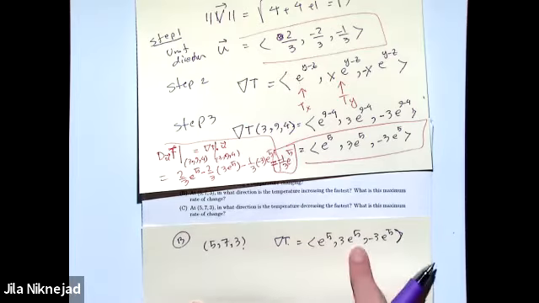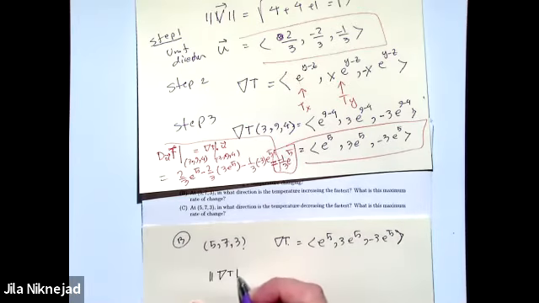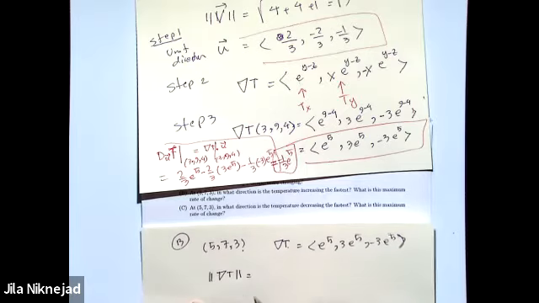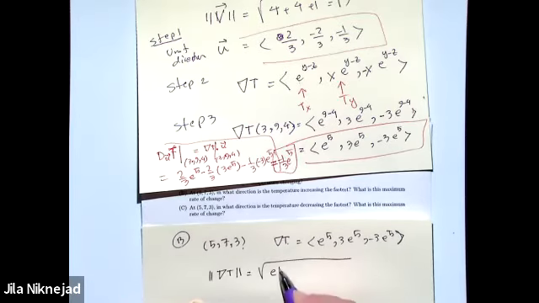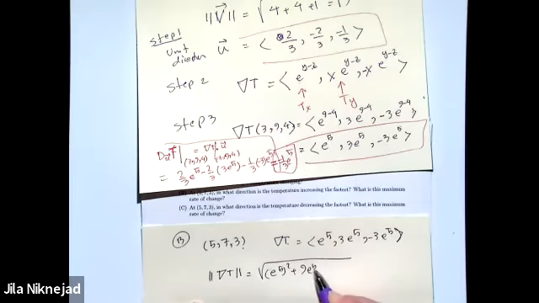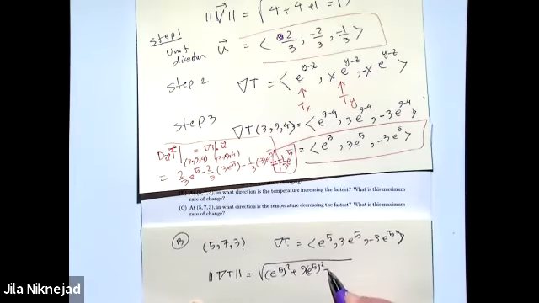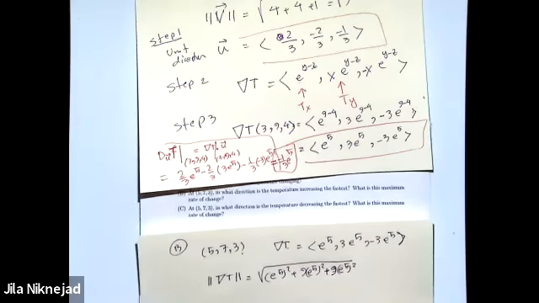Now, what is the maximum rate of change? For that you have to find the magnitude of the gradient of T. And that would be the square root of (e to the power 5) squared plus (3 e to the power 5) squared plus (3 e to the power 5) squared.